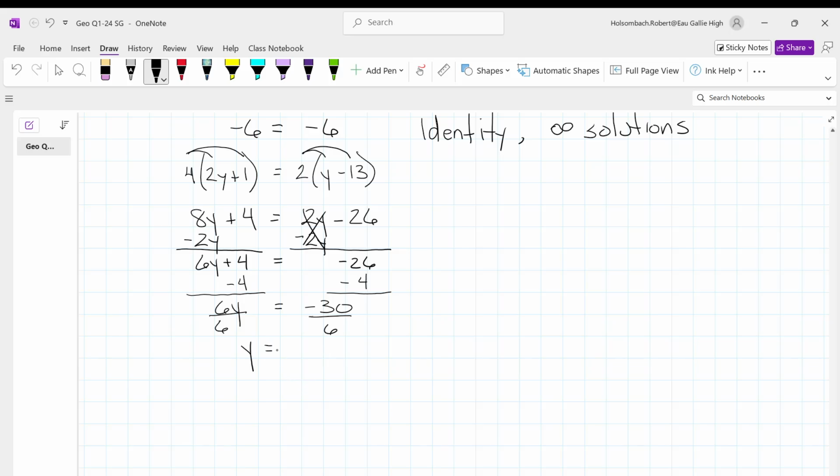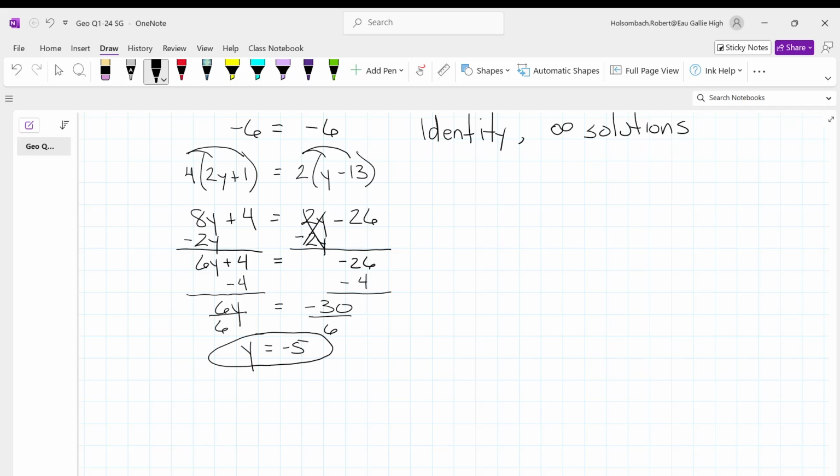And our y is equal to negative 5. So negative 5 is your solution. In that case, the problem was not an identity, and it had a solution. See the difference in the two? The difference between identity and just a regular old problem that's got a solution.